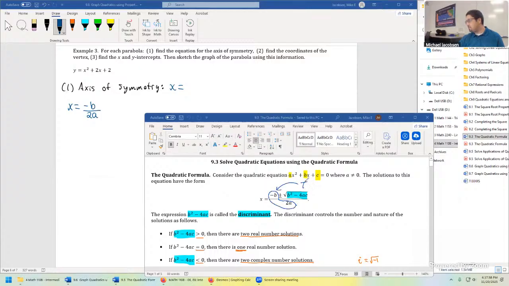So this part, x equals -b over 2a, is the x coordinate of the vertex to y equals ax squared plus bx plus c.